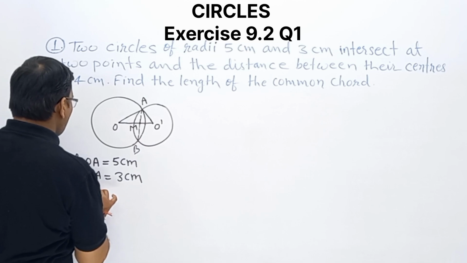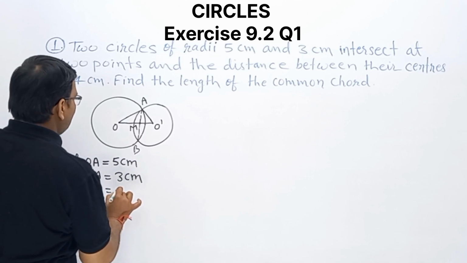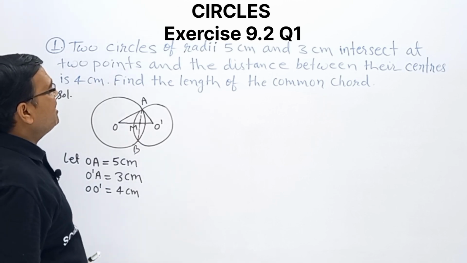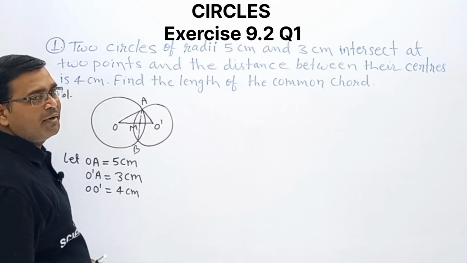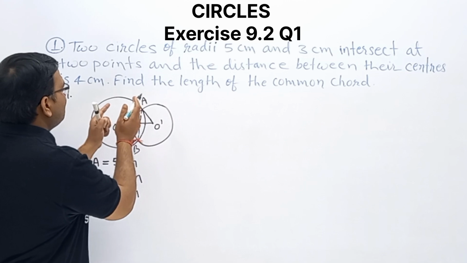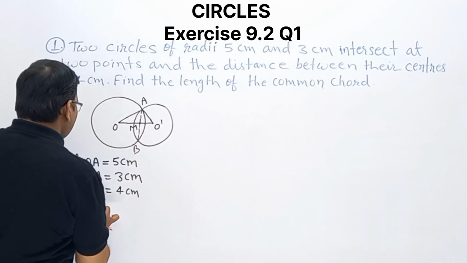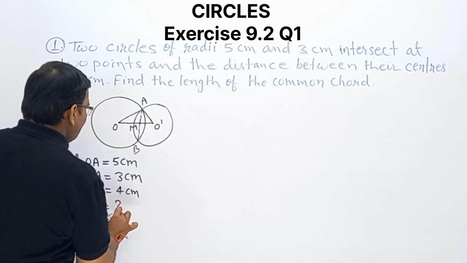So OO dash equals 4 centimeter. Clear? Find the length of the common chord. The common chord of both circles is AB. We want to find the length of AB.